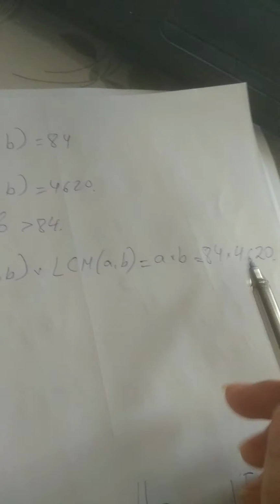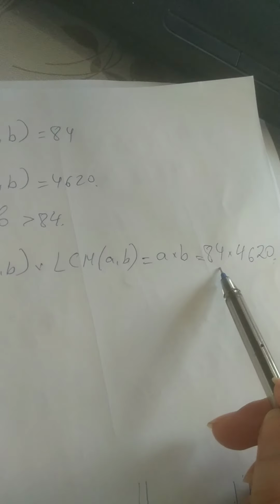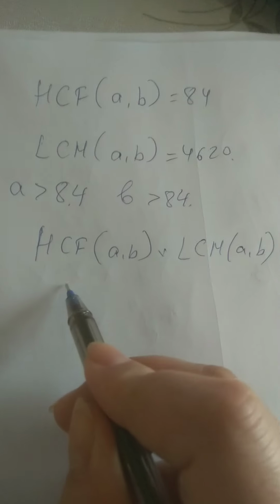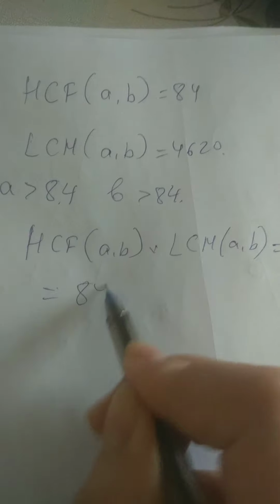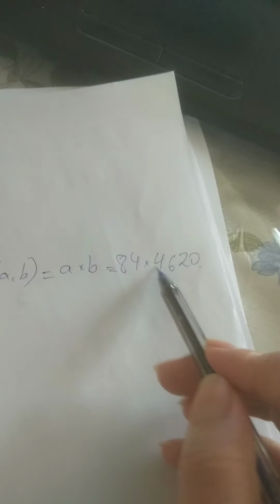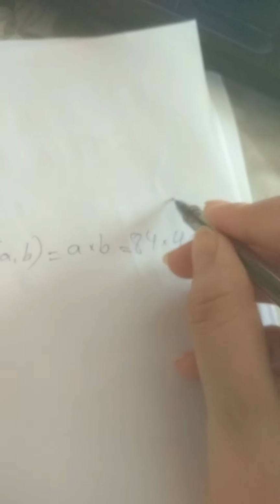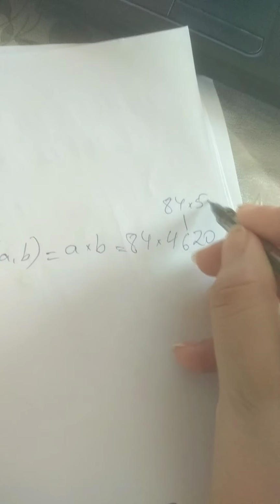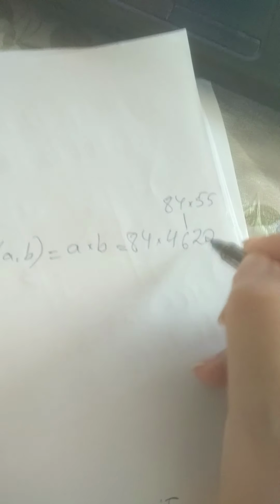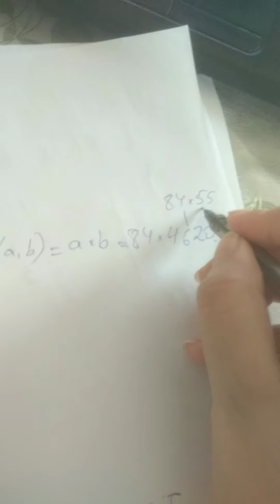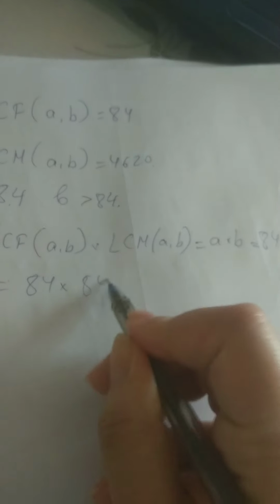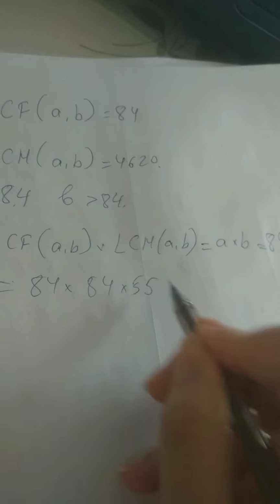Guys, if you divide this number by 84, you can see it is 84 multiplied by 55, because this number can be divided by 84, 55 times. That's why I just write 84 multiplied by 55 instead of this number.